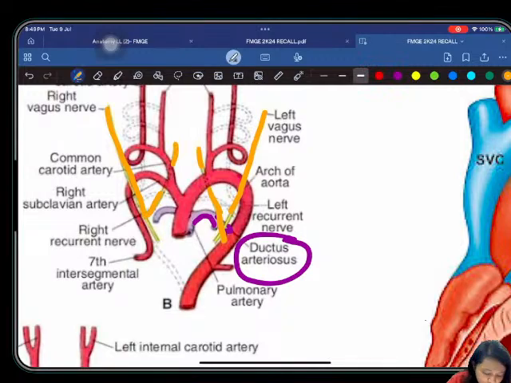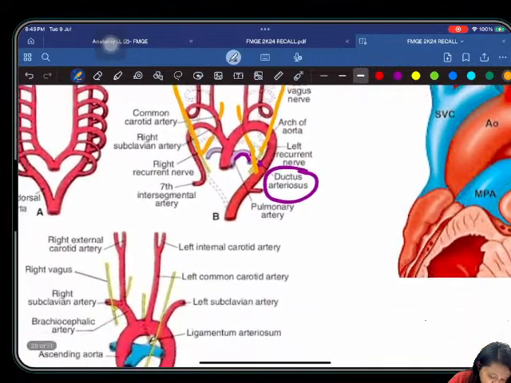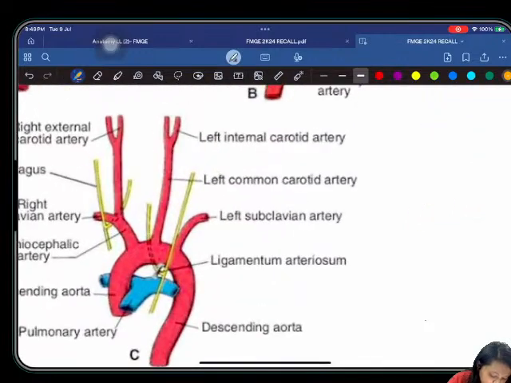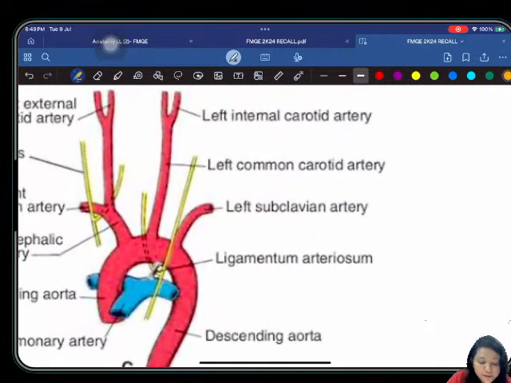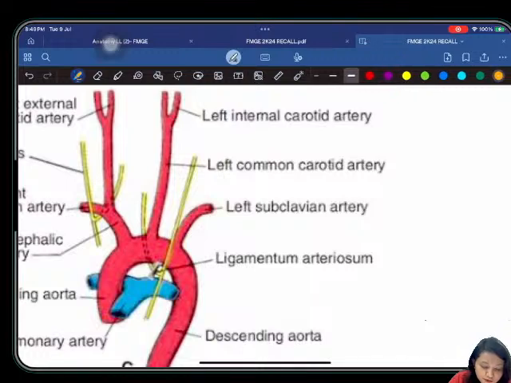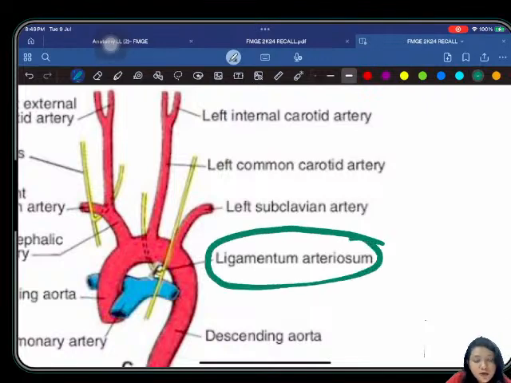Left recurrent laryngeal nerve. Even next time they might ask about the ligamentum arteriosum. This time they have given the patent ductus arteriosus. Next time they will ask about the nerve related to the ligamentum arteriosum, and that nerve will be the left recurrent laryngeal nerve.